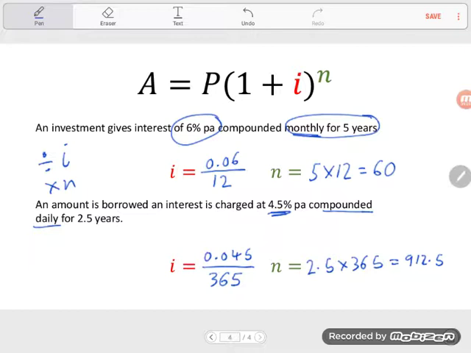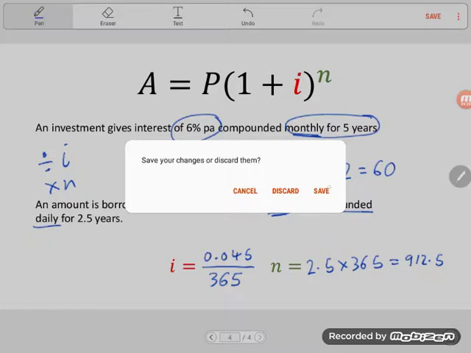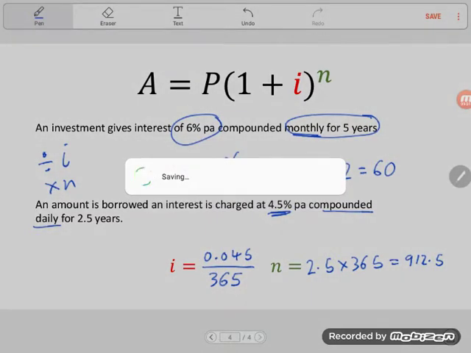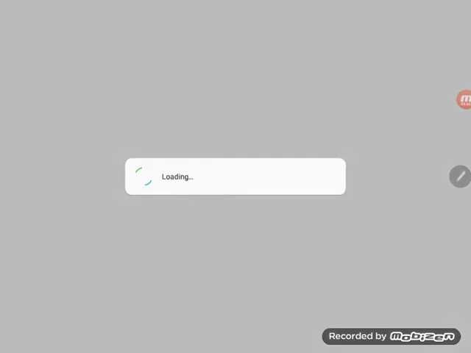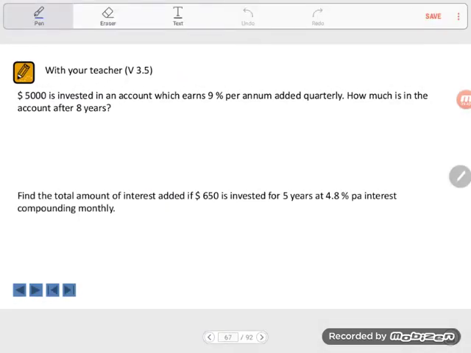Alright, let's go to an example with some numbers in there and actually do a calculation. Here we go. So here are these examples that are in the textbook. $5,000 is invested in an account, earning 9% per annum added quarterly.